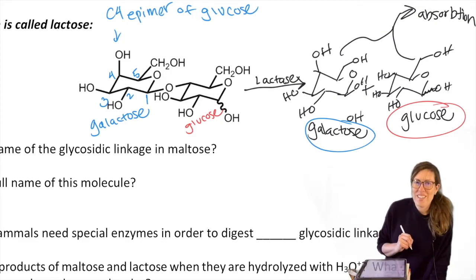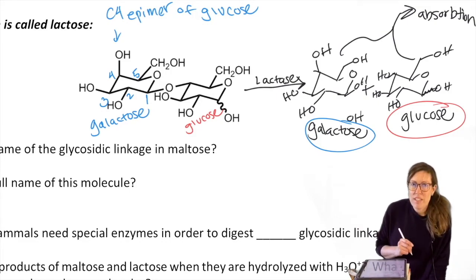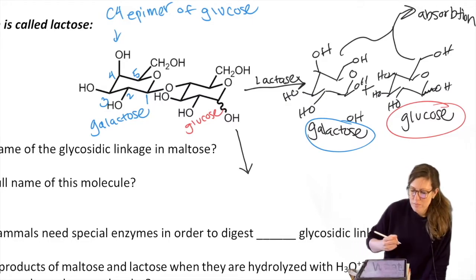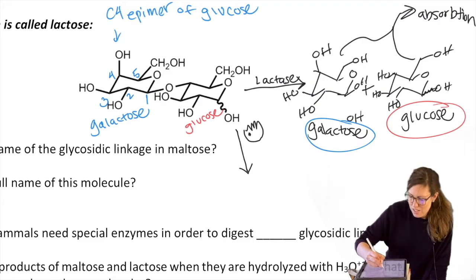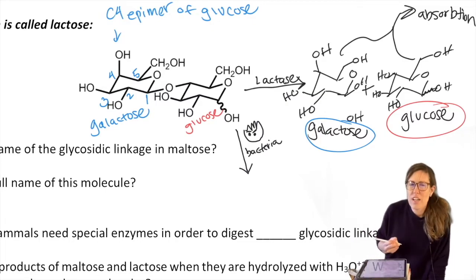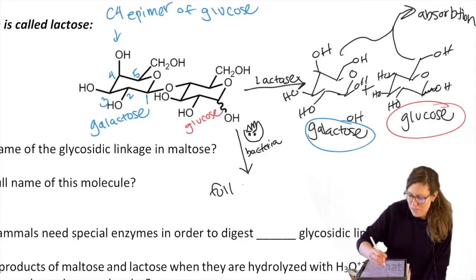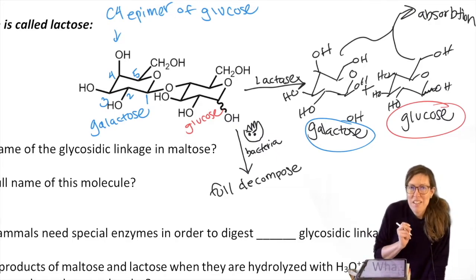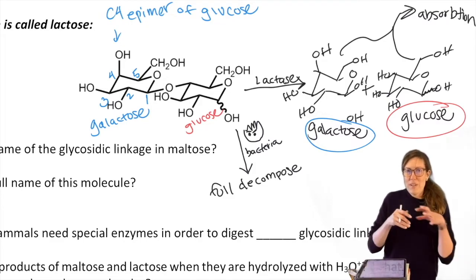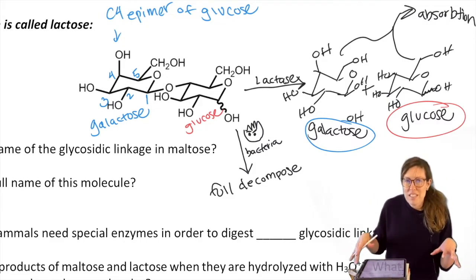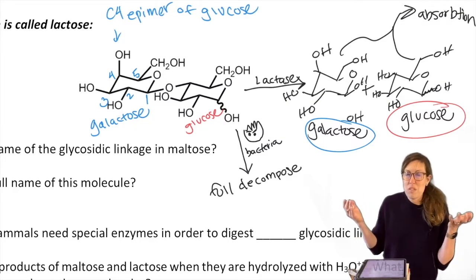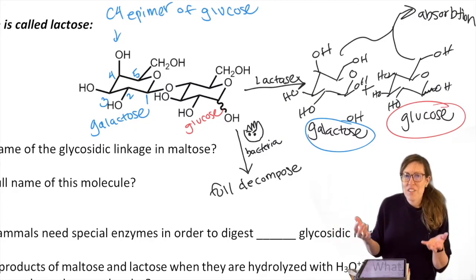What happens if there's no lactase? Your body still breaks it down. But instead of lactase, you get your, let's put these mad bacteria. They're not really mad, very aggressive. And they fully decompose it. What does that mean? It doesn't neatly get snipped at its glycosidic linkage. It wreaks havoc by breaking it into lots of small pieces. What are those small pieces? Possibly CO2 gas and other gases and acids.